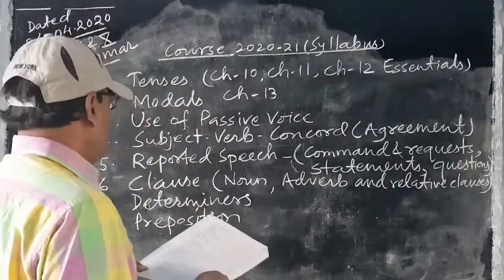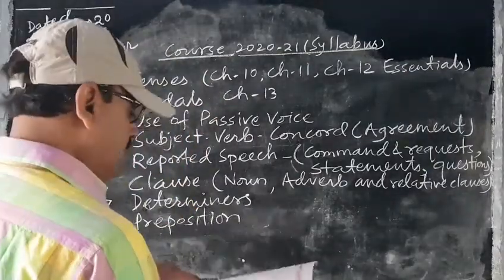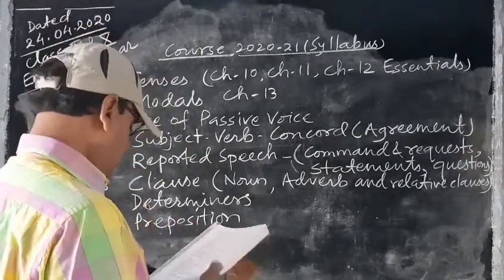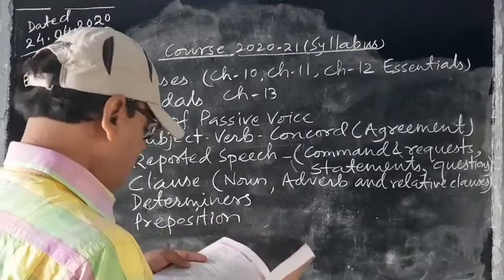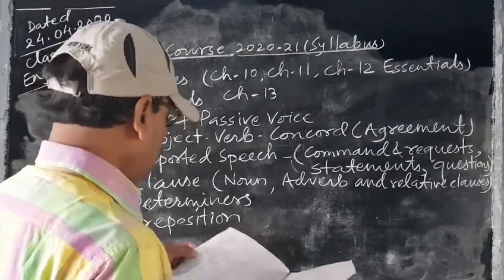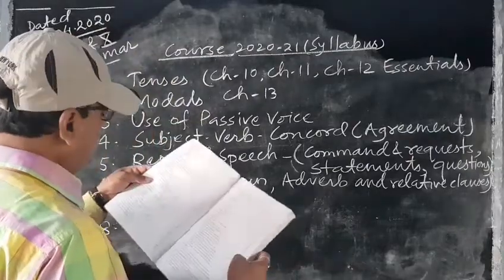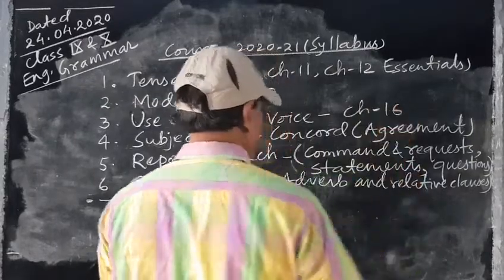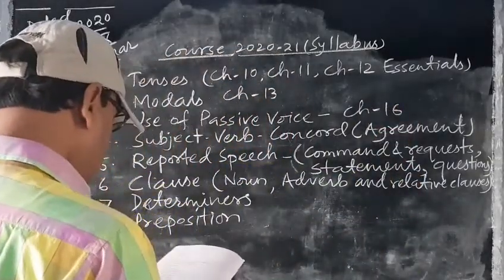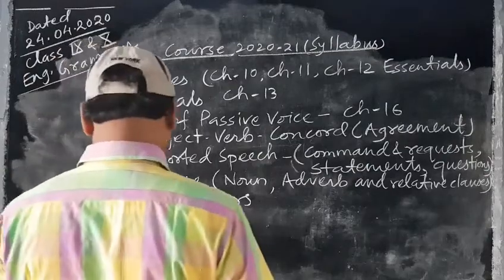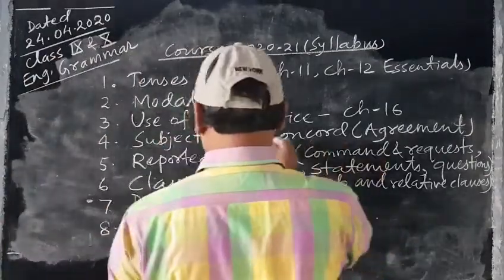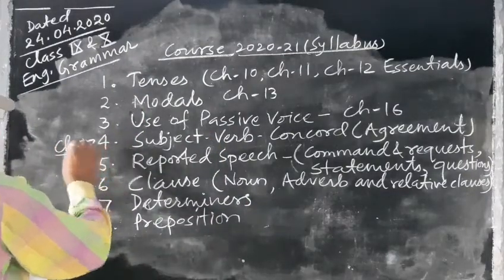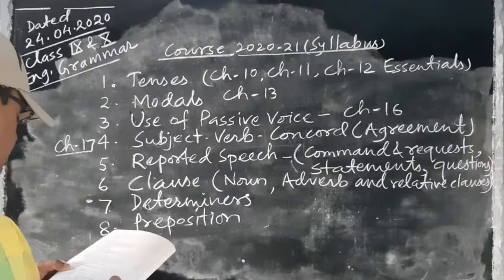Chapter 13 will be your second chapter, and then come to the next page, you will find active and passive voice, that is chapter 16. And subject verb agreement is chapter 17.